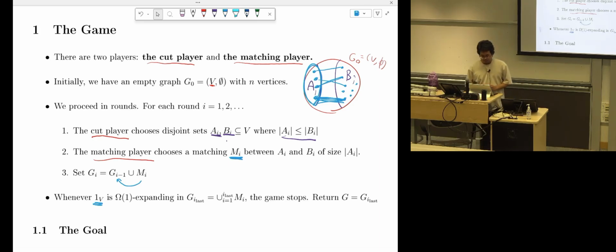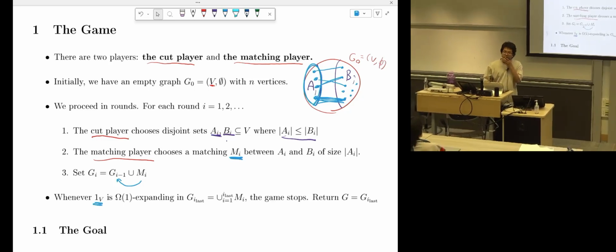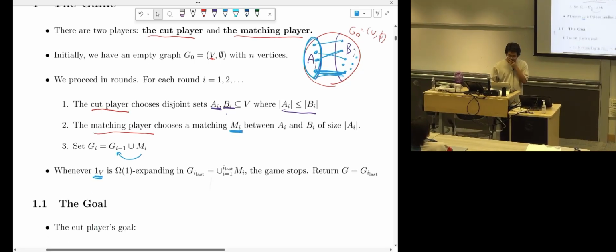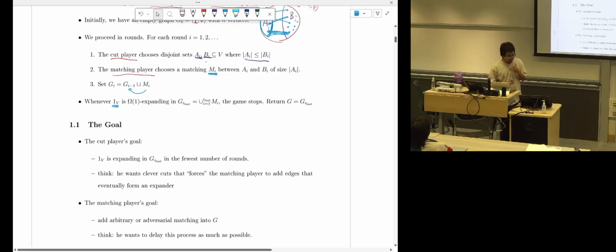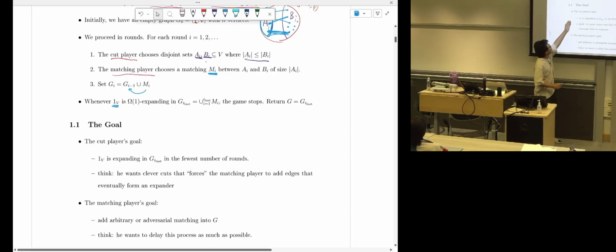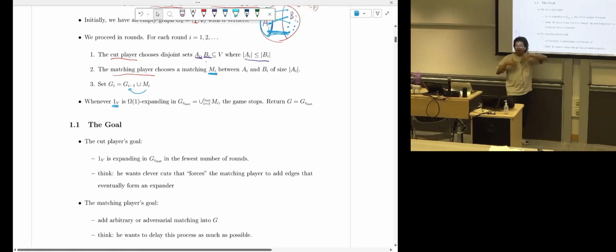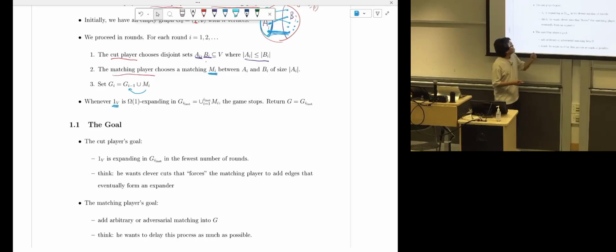Okay. So that's the game. So what's the goal of the two players, right? The cut player tries to build an expander, tries to make the all one vector expanding in the graph in the fewest number of rounds. Okay.